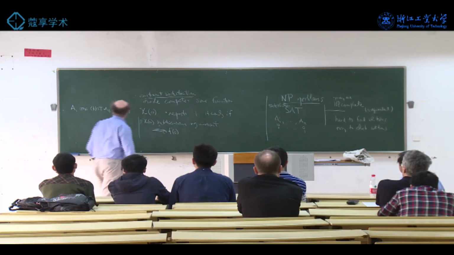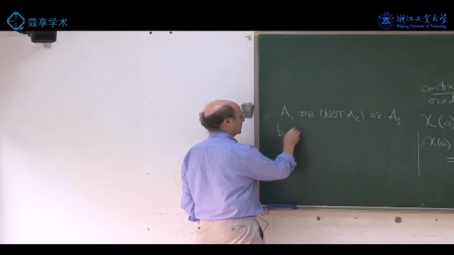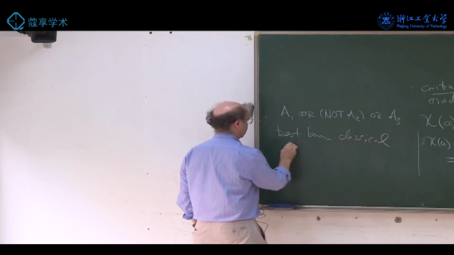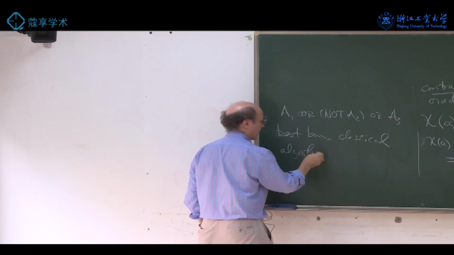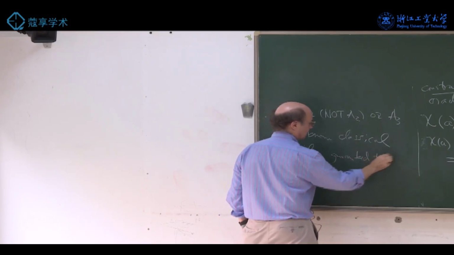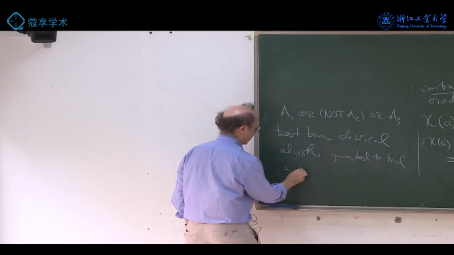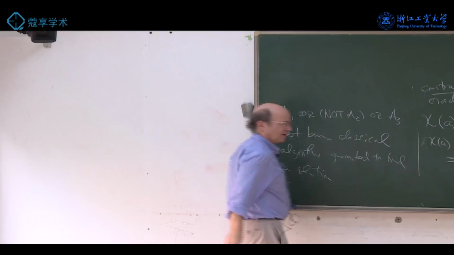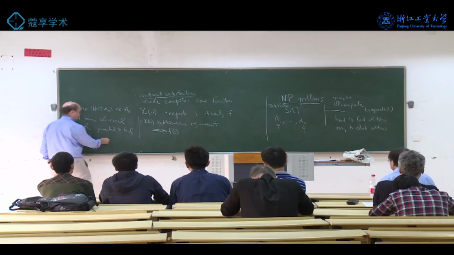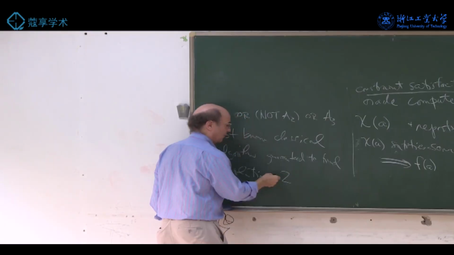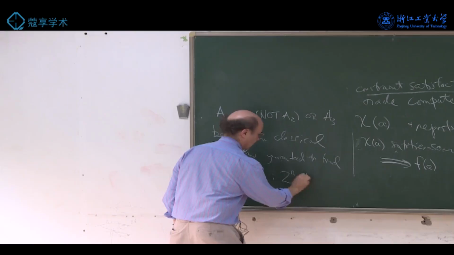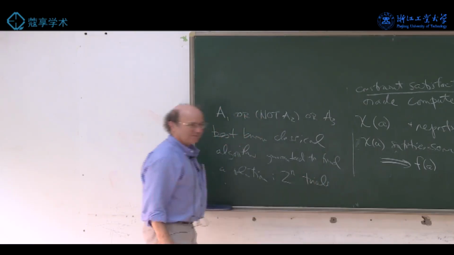In fact, the best known classical algorithms that are guaranteed to find a solution, even given that a unique solution exists, are not significantly faster than just trying all the possibilities.